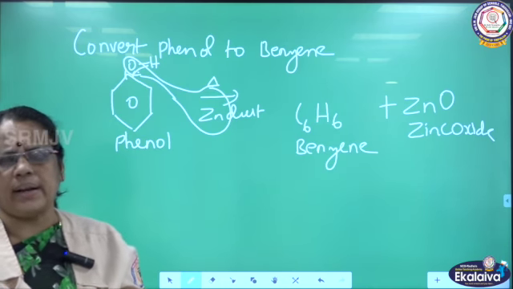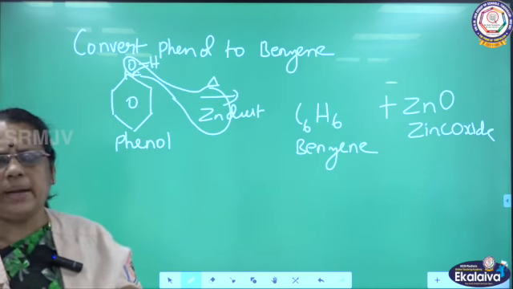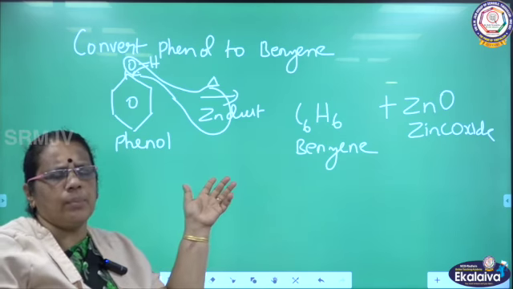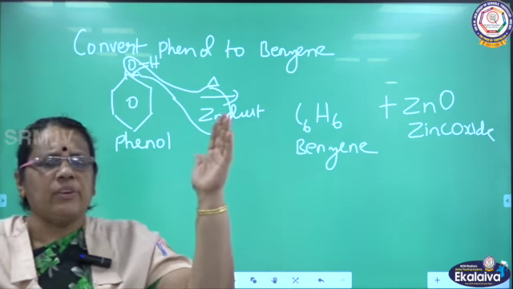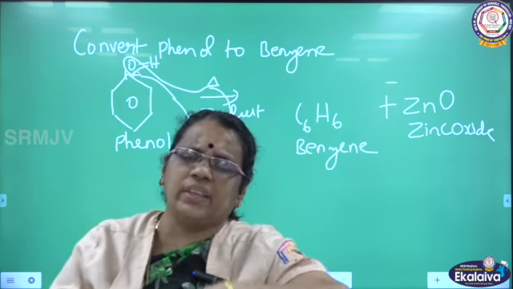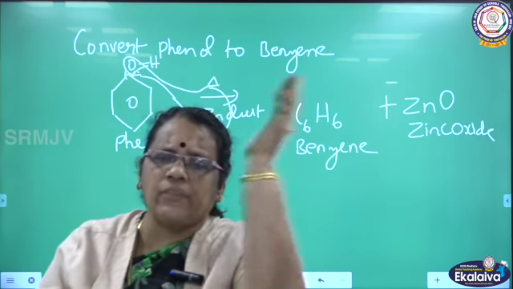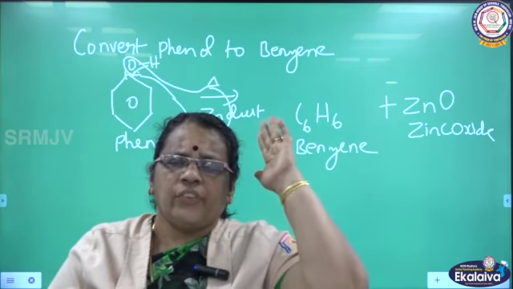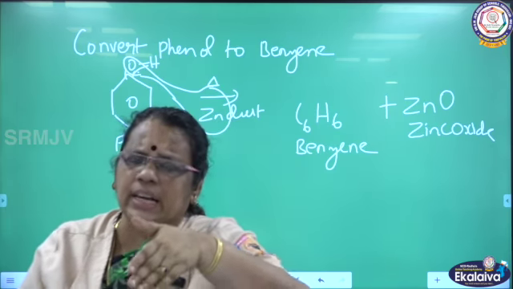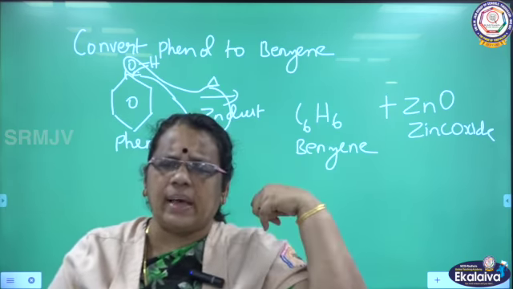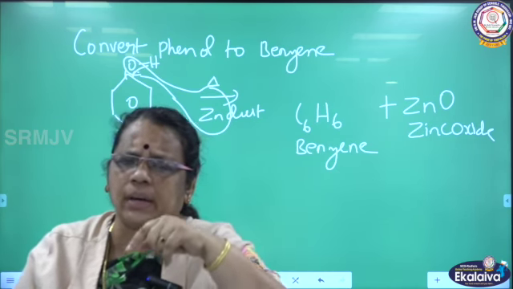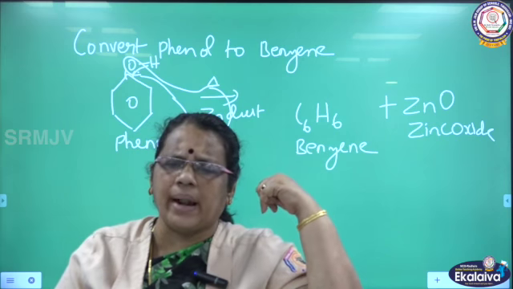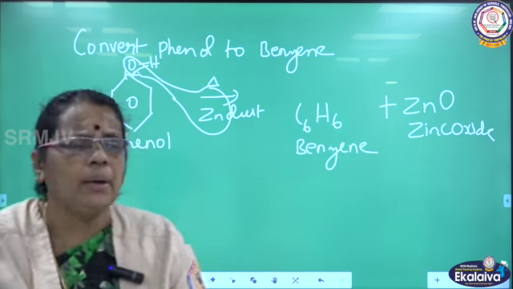So both react to give zinc oxide. What is the remaining compound we are getting there? Benzene. So if they ask you to convert phenol to benzene, how? Phenol is distilled with zinc dust. Oxygen of phenol is removed and combined with zinc to give zinc oxide as a byproduct, whereas the main product will be benzene.